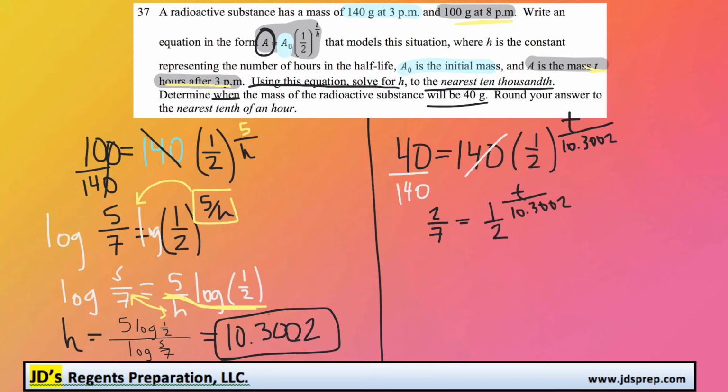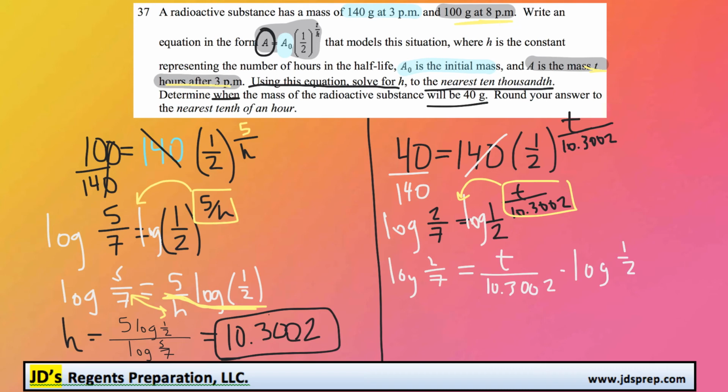And then again, as before, we're going to take the log of both sides here. And then we can take this exponent and move it up to the front. So we'll have log of 2/7 is going to equal T over 10.3002 multiplied by log of 1/2.